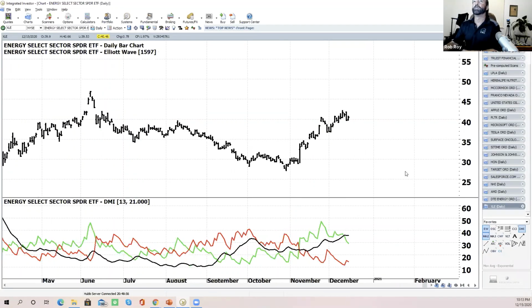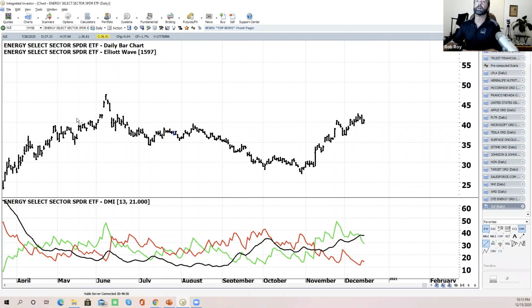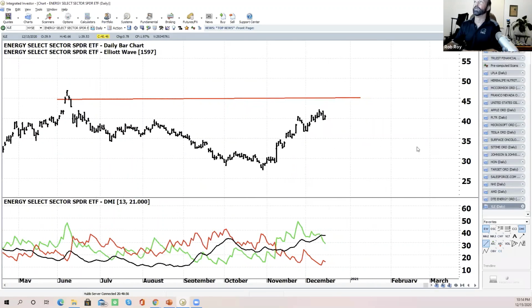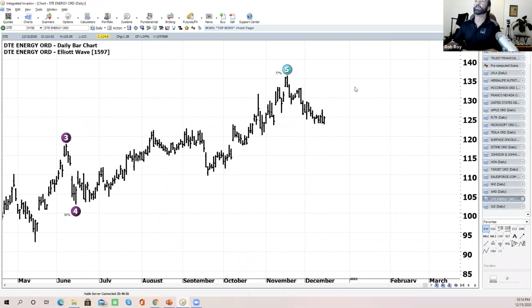So it looks like we've cooled off a little bit on energy, although that oil chart still looks good. But maybe that positive directional indicator comes back up. The ADX didn't quite make it to 40. There's still a little bit of room there. It was looking good. It just looks like the buyers have taken a little bit of a pause here.